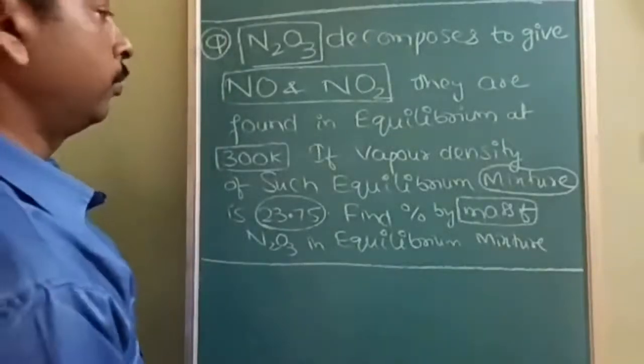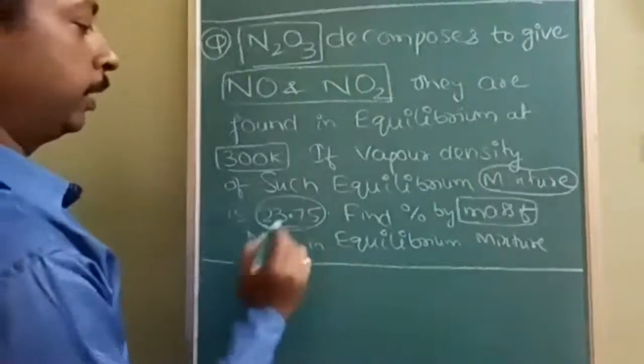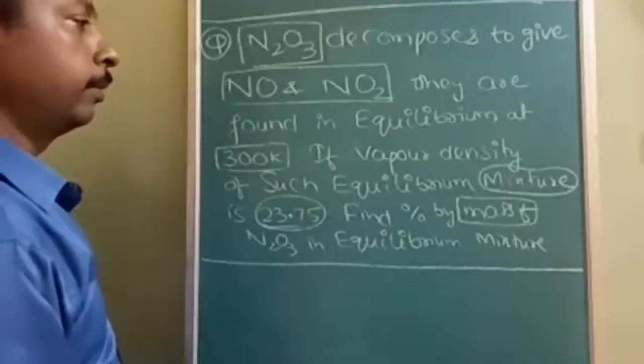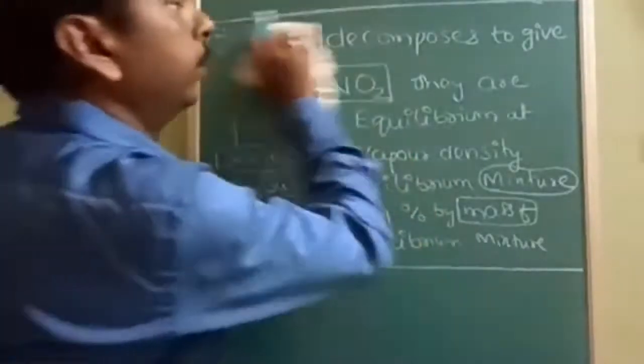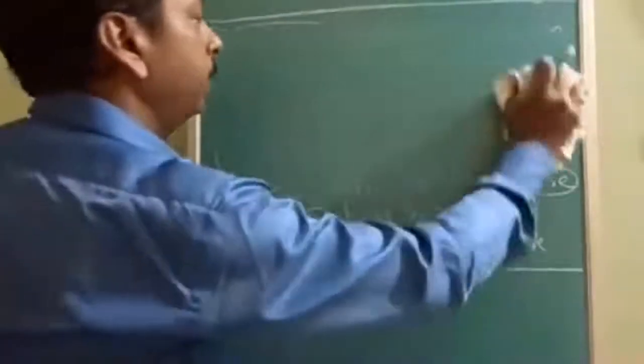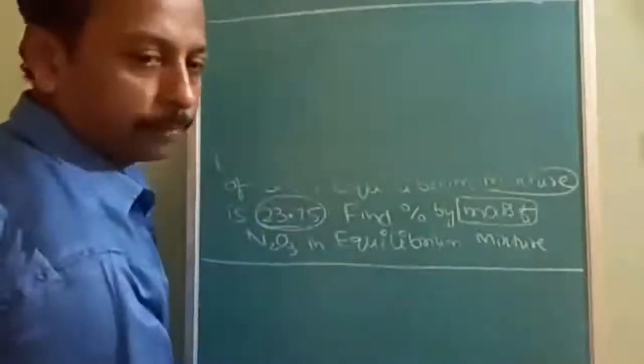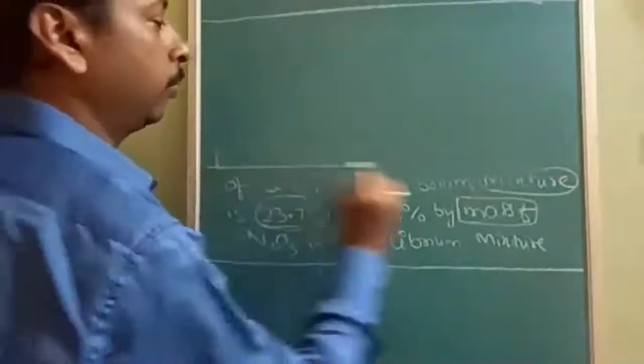From this question only one piece of information is given, 23.75, the vapor density of the equilibrium mixture. Now I will write and explain, so try to understand, and the next question you should be able to do on your own.